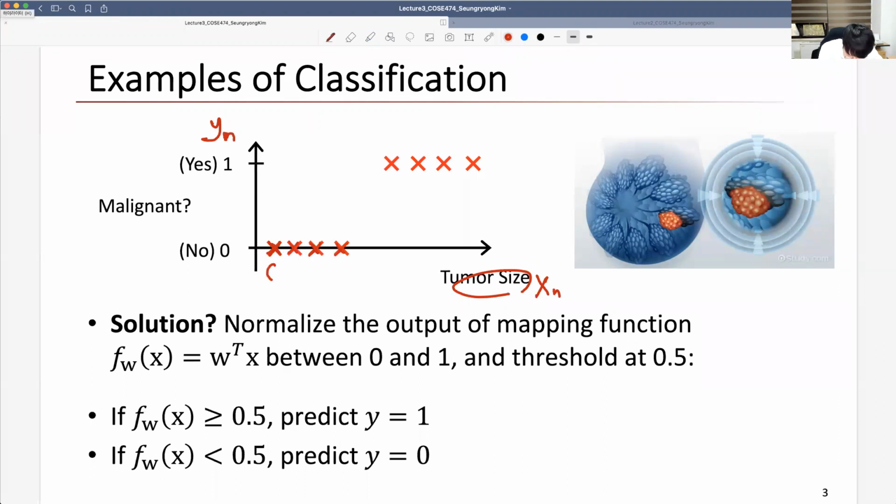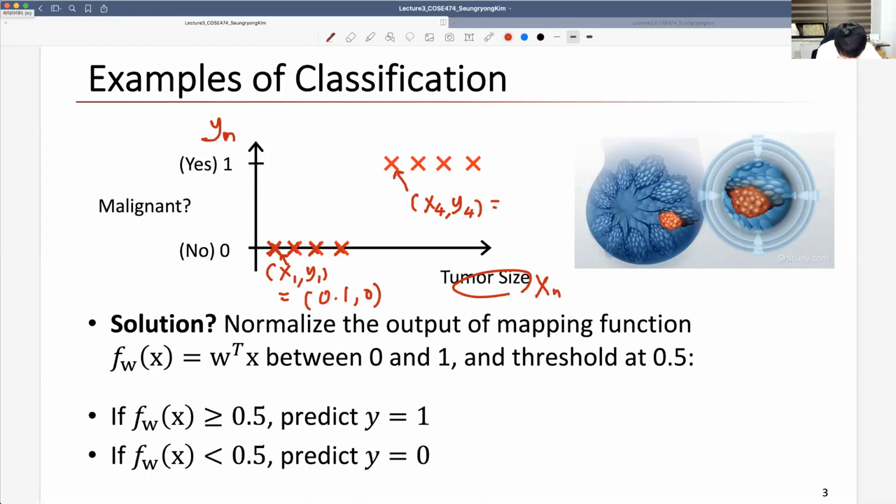For example, this is x1, y1, and this is x4, y4, like this, right? For example, x1 might be 0.21, y1 is 0.